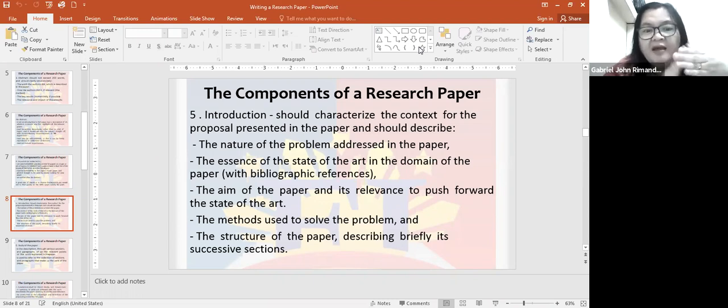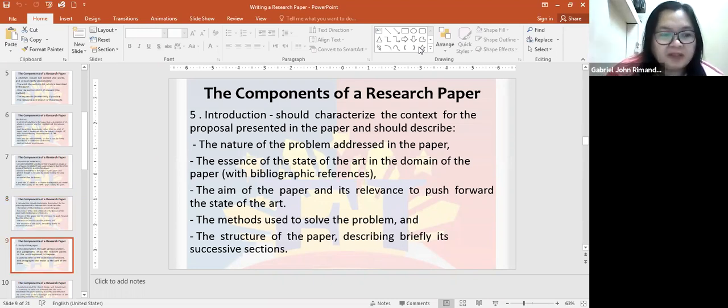And then conclusions and recommendations about the research problem. Okay, so that will be for your introduction. Okay, do you have any questions so far?